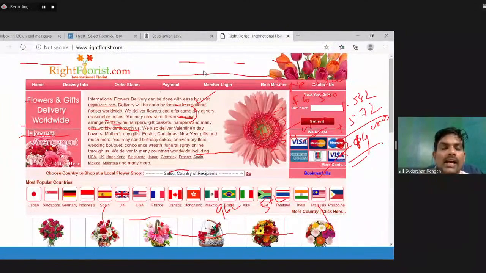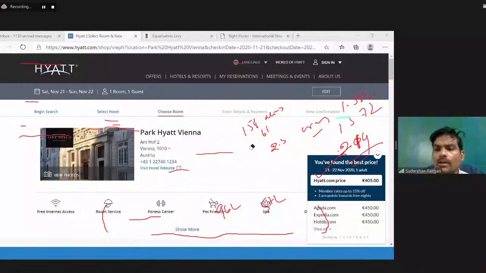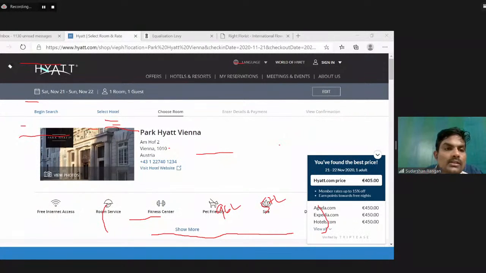Let's take, I want to go to Austria, Vienna. I'm planning to go in January to Vienna for some purpose, for professional or for leisure. So what I do here is, I want to stay in Hyatt. So I go to the Hyatt website, I find that there's a Park Hyatt in Vienna.